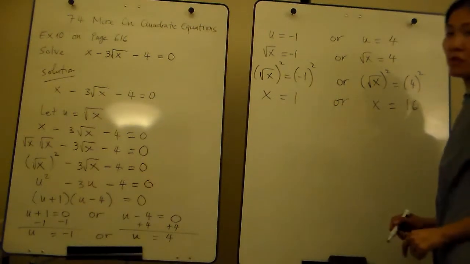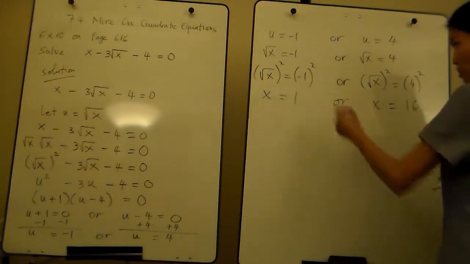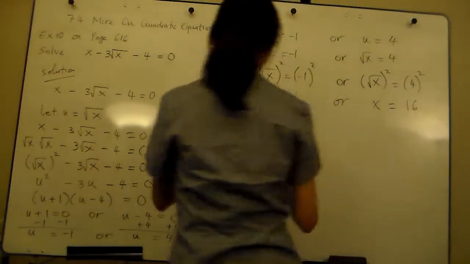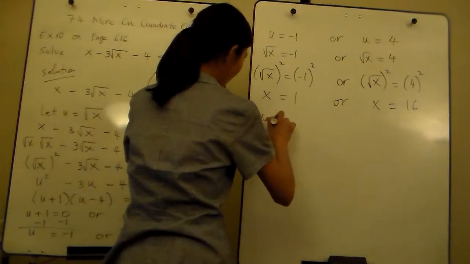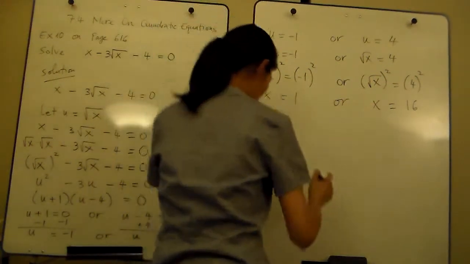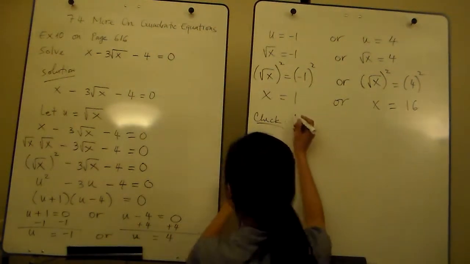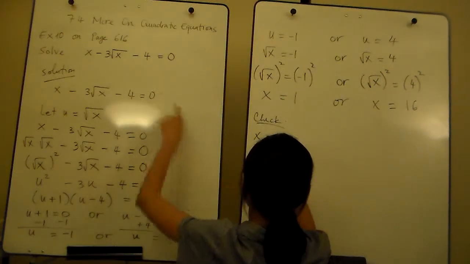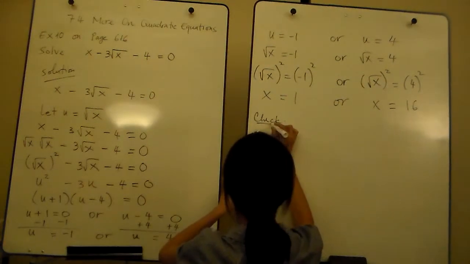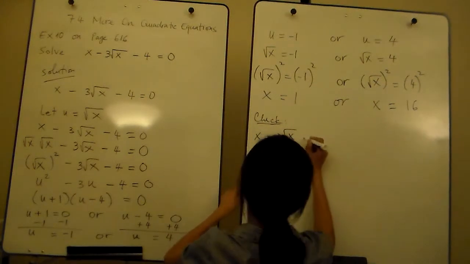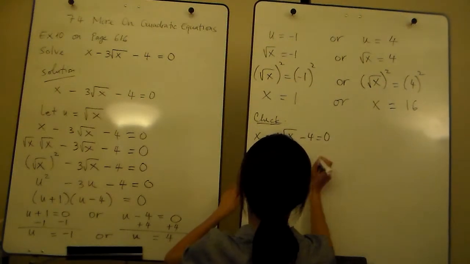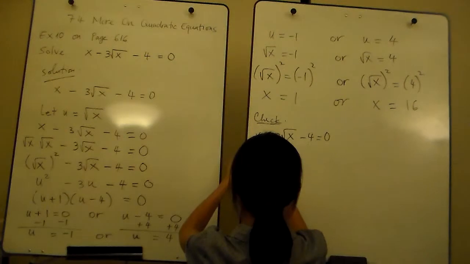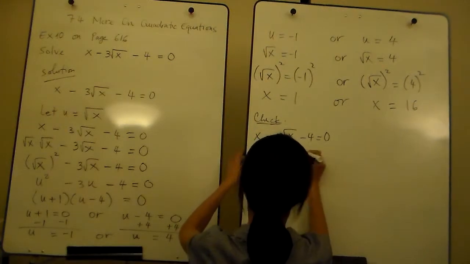Now let's check the solutions, because once you square, you don't know whether the answer changed. So I'm going to check this solution. x equal 1, replace x equal 1 in the equation. So x is 1 minus 3 square root of 1 minus 4.